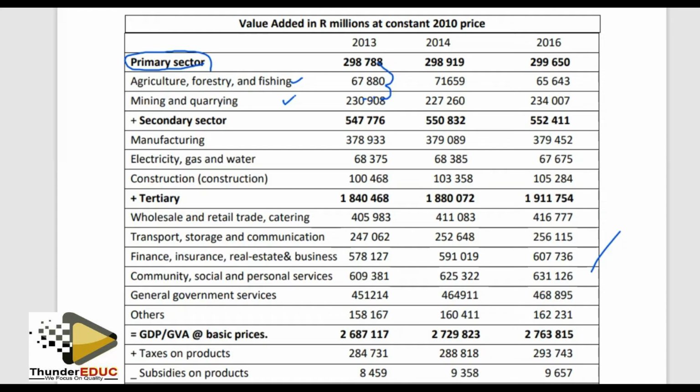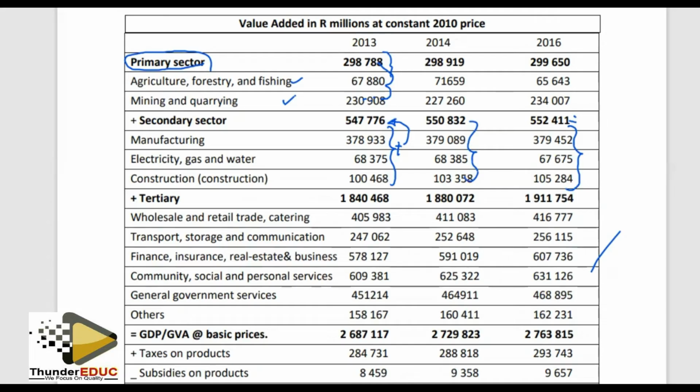Then for 2016, for the secondary sector, we have this. When you add all of these, they give us this figure for that year, and for this year again. Then that is for the secondary sector.